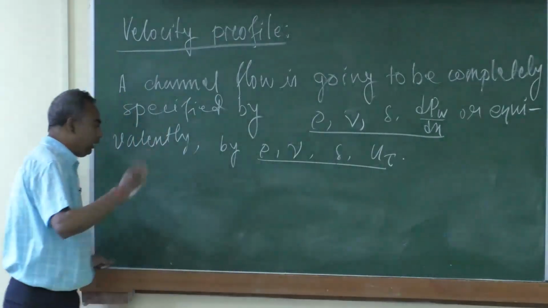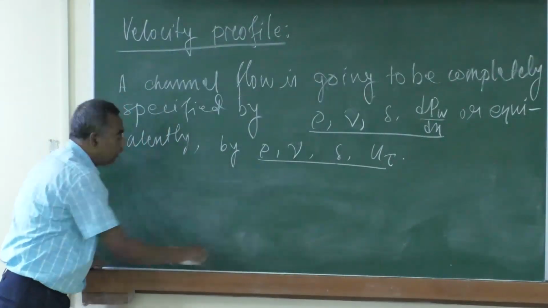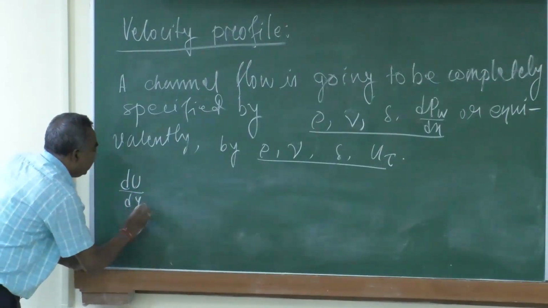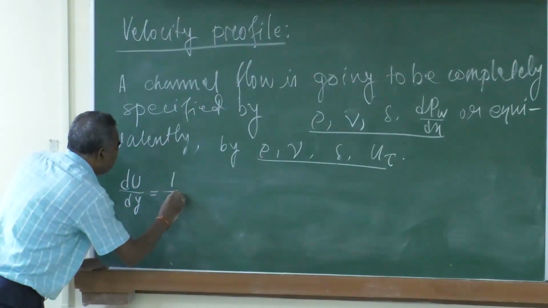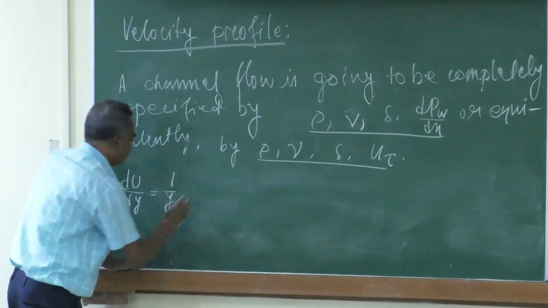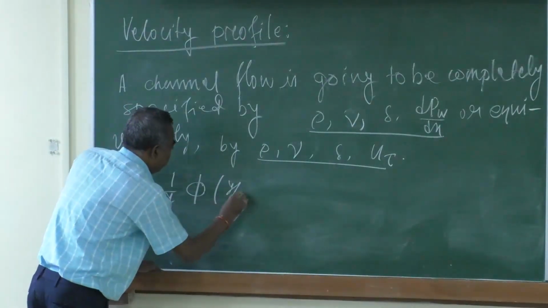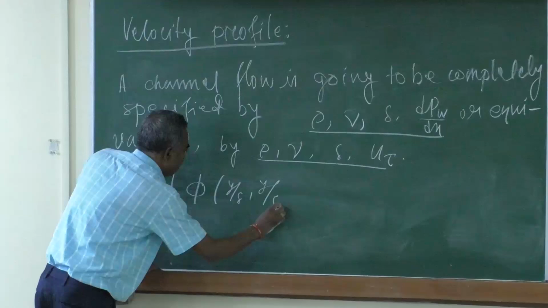Then instead of u, we can write phi of y by delta, y by delta v.